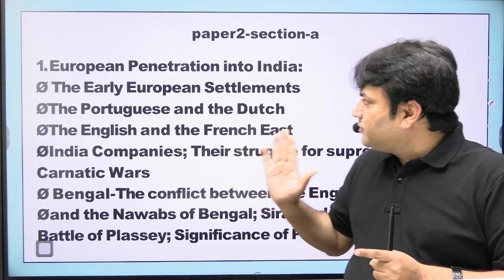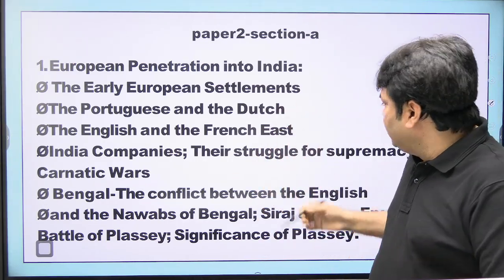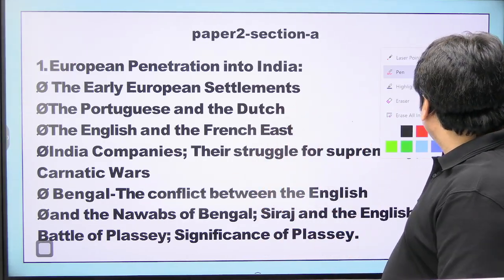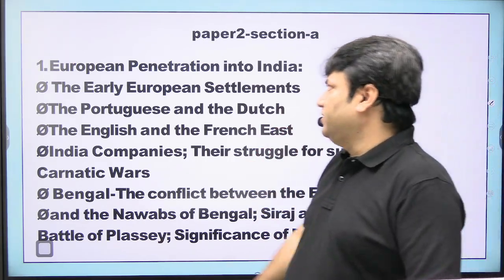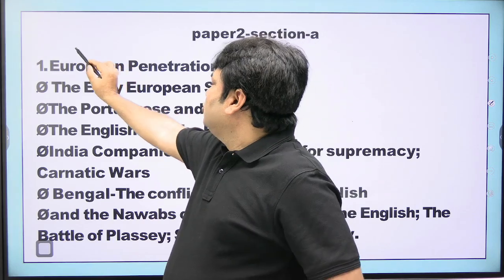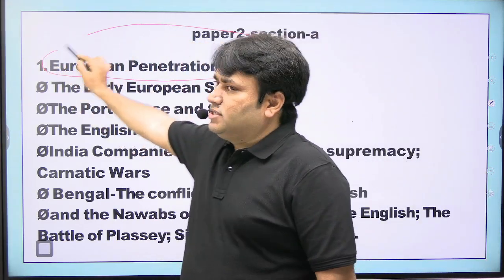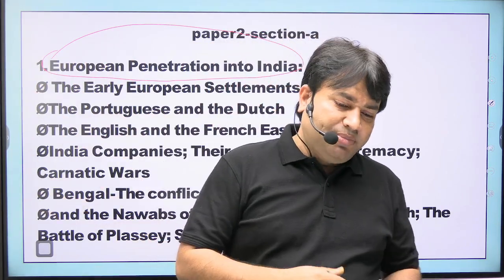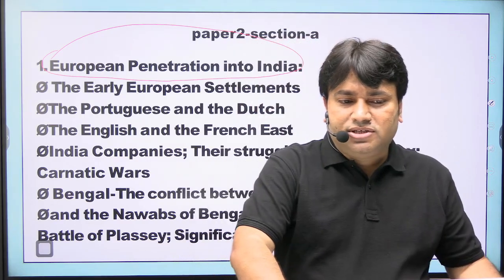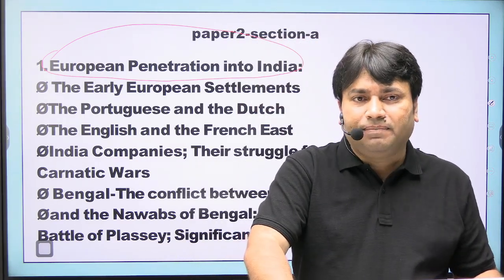And the first chapter in modern Indian history in the History Optional paper, the chapter's name written here, is European penetration into India. This is the very first chapter given in your syllabus, right?